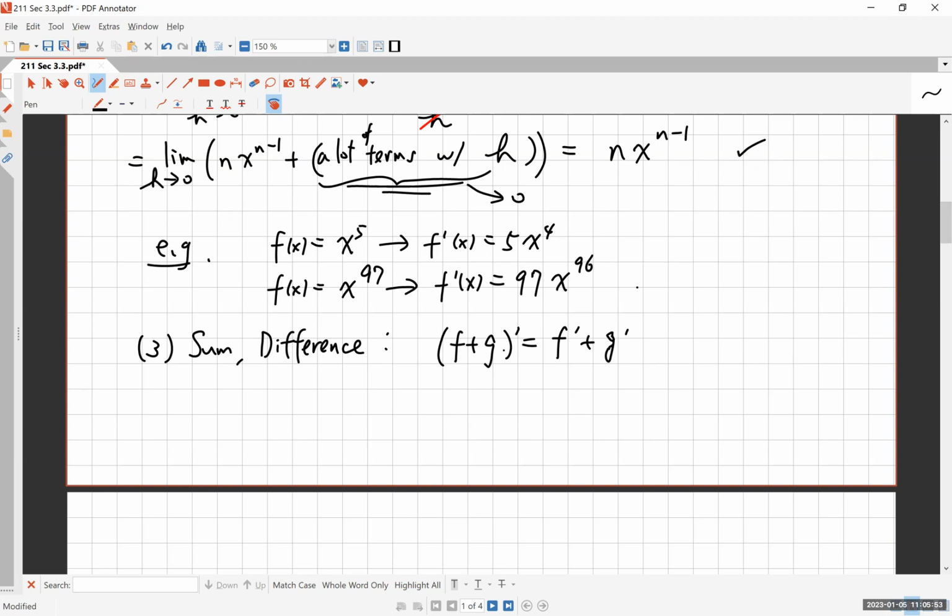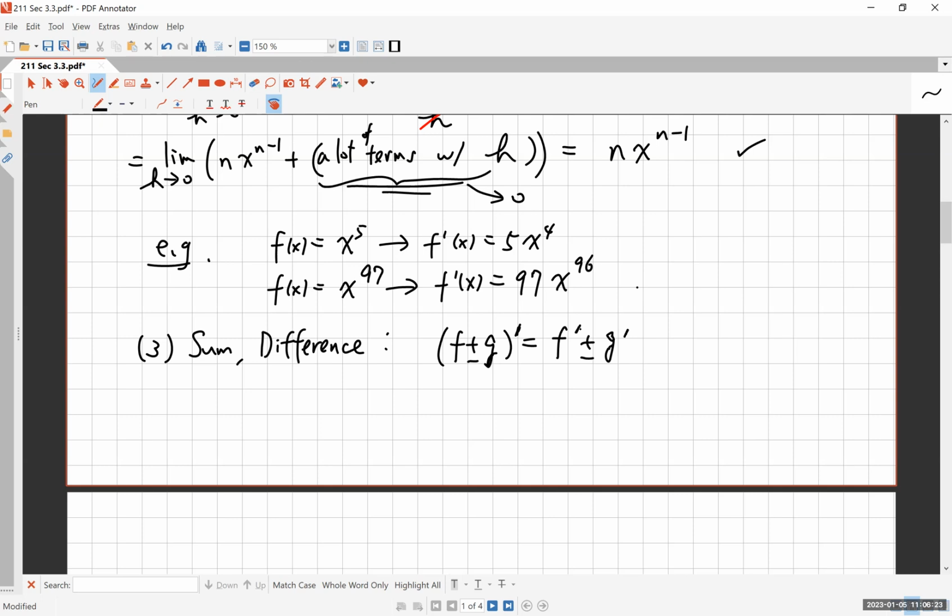Because remember, the derivative is actually a limit, right? And we had this kind of thing for limits: the limit of a sum was the sum of the limits. So for the same reason, the derivative of a sum turns out to be the sum of the derivatives. And if you have the difference of two functions, differentiating that would yield the difference of these two derivatives.